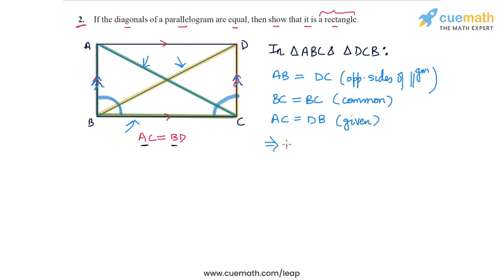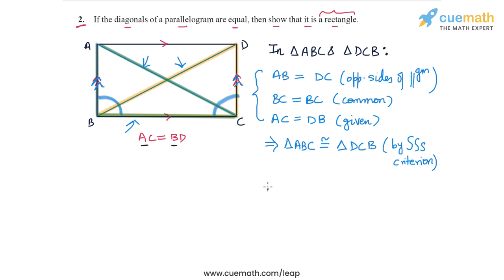And this means that triangle ABC is congruent to triangle DCB. Observe the order of the vertices carefully: ABC and DCB. And using what congruence criteria? Well, three pairs of sides are correspondingly equal, so we will apply the SSS congruence criterion, and using this criterion the two triangles are congruent.